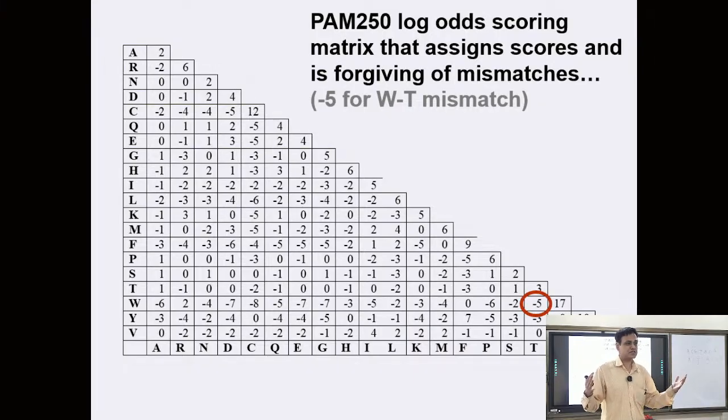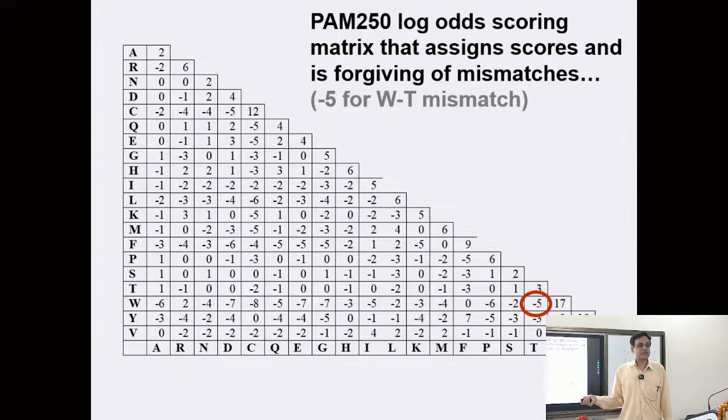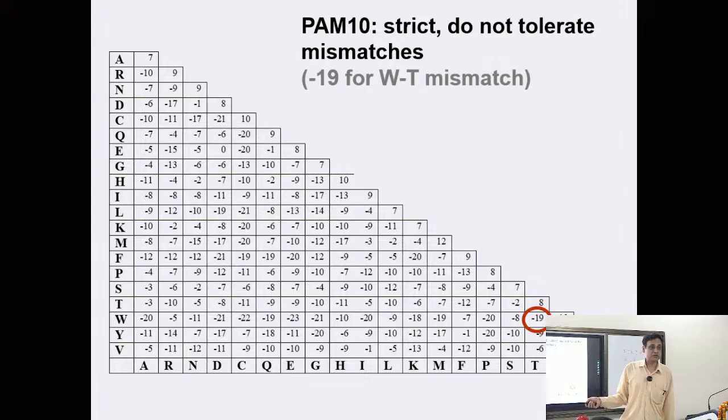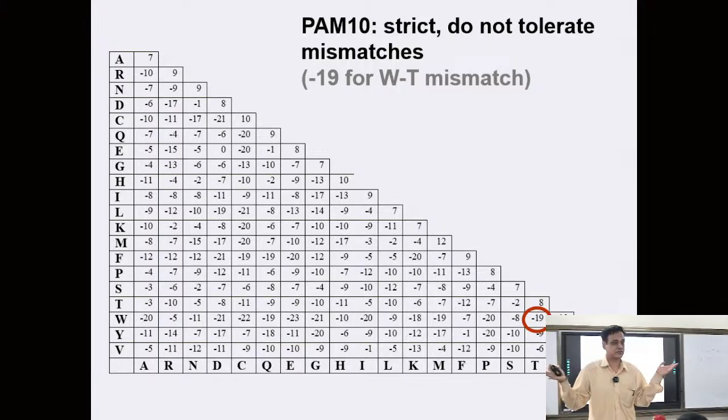Because it is representing highly divergent sequences, sequences that shared a common ancestor billions of years ago. That is why this has a less strongly negative score for the WT mismatch, compared with this one, which is more strongly negative, because this is PAM10 representing similar sequences.